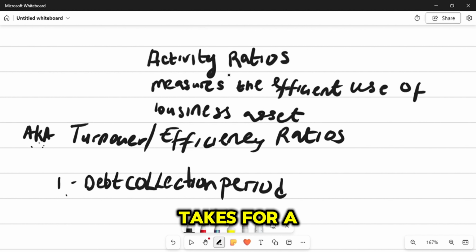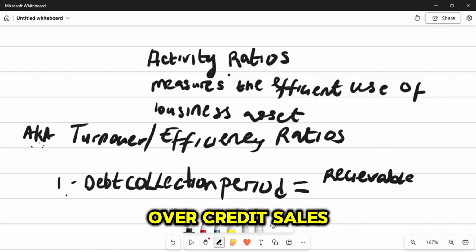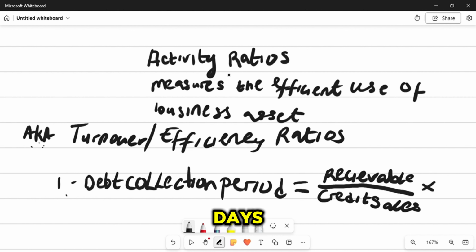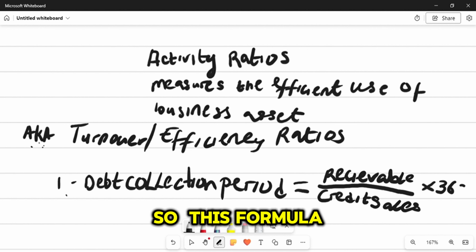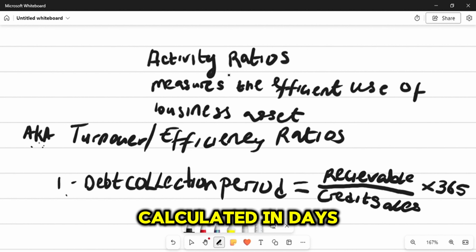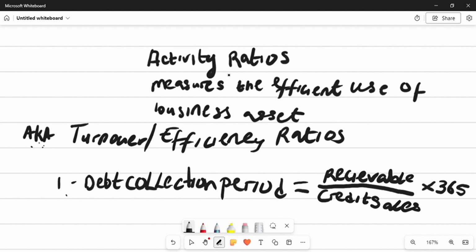Debt collection is in the name. So the formula for this is receivables over credit sales times 365 days. This formula is usually calculated in days. That's why we write 365 days.